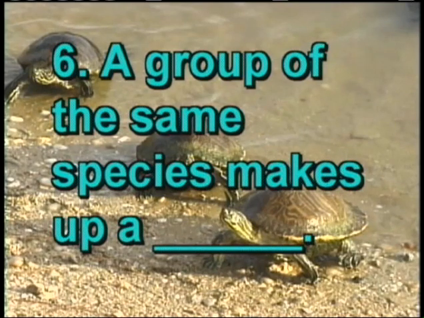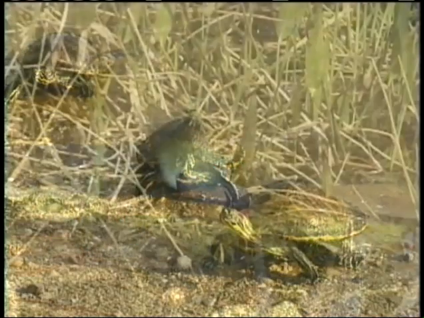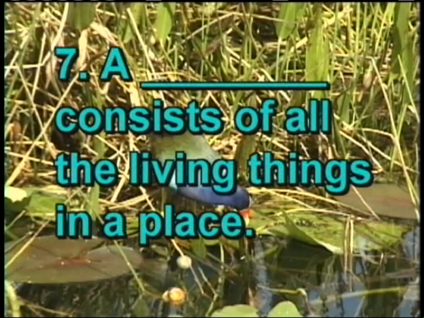A group of the same species makes up a . Number 7. A consists of all the living things in a place.